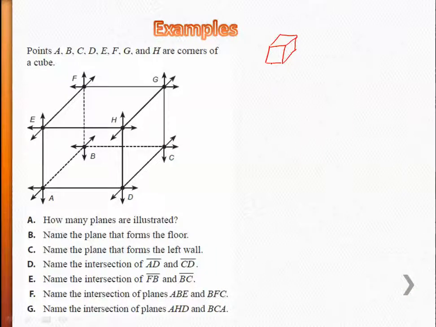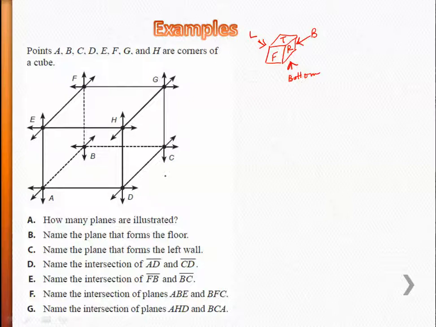Alright, and you're saying how many planes does a cube have? Well, all you really have to do is think to yourself, okay, if I had a closed box, how many sides does that box have? Well, it has the front, it has a back, it has a right side, let me draw an arrow, has a left side, it has a top, and then underneath is the bottom.